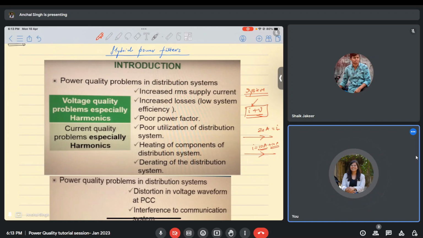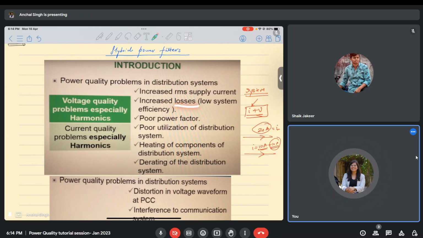Because in reality I have 20 ampere as maximum rating, but due to the presence of these harmonic currents, I am able to pass only 10 ampere of active RMS current, because of which I am able to utilize my grid to half of its capability. This is what this point is telling us. Then, because of the harmonics, there is a huge amount of losses. Losses in any kind of grid are I squared R losses, so since the RMS current or the harmonic current increases, the I squared R losses also increase.